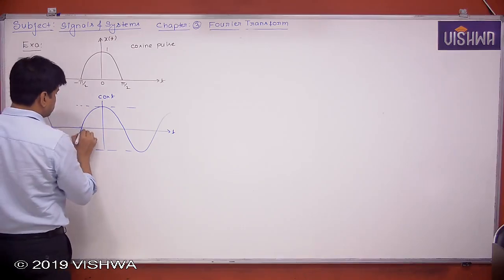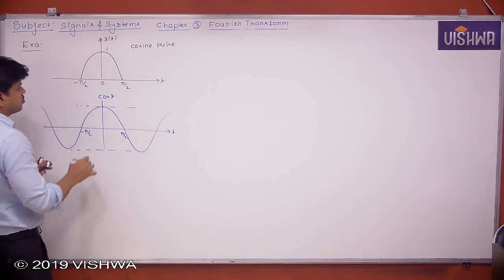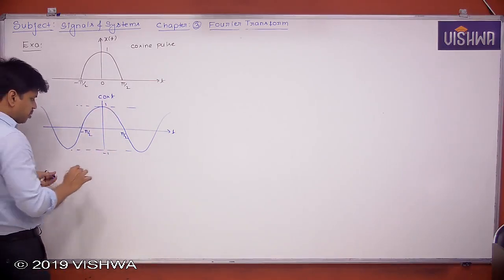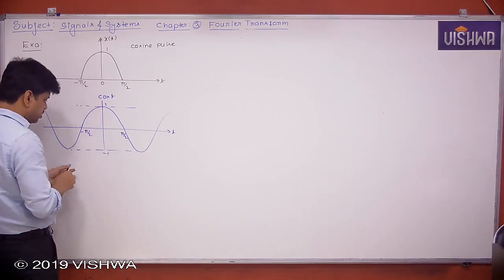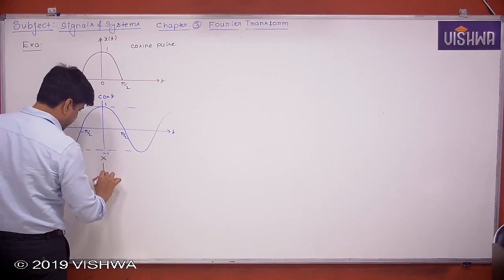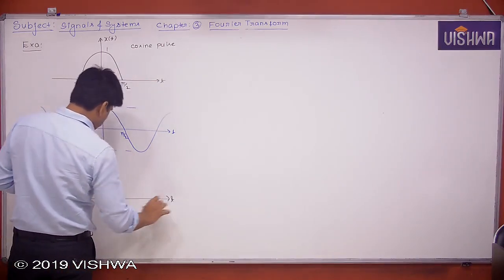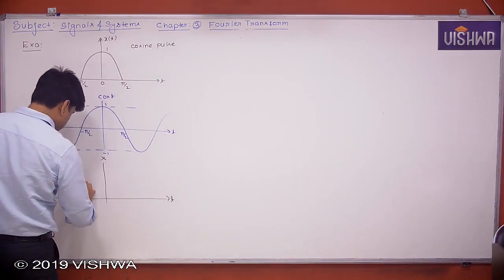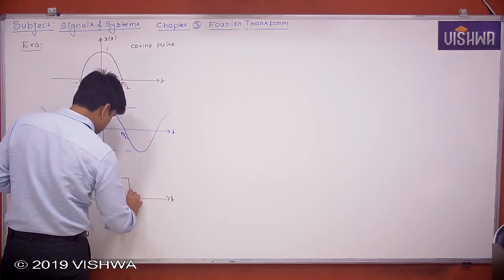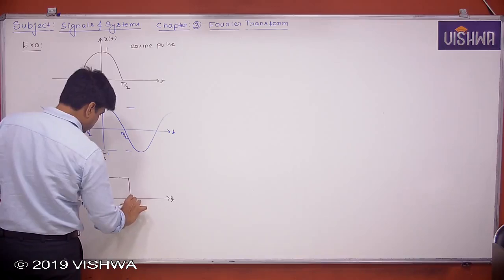So this is the cos t function, between 1 and minus 1. If it is multiplied with a gate pulse, that means a rectangular pulse, which is existing only between minus pi by 2 and plus pi by 2.